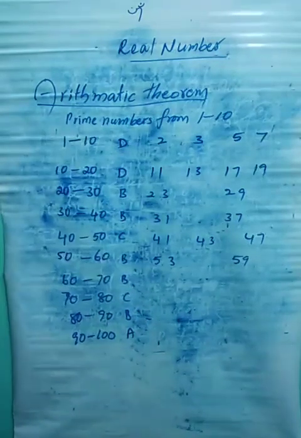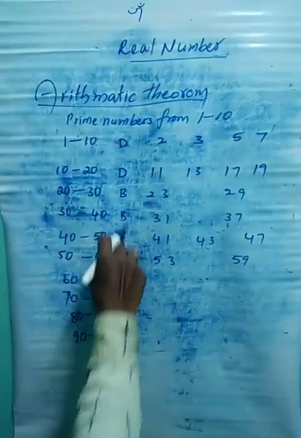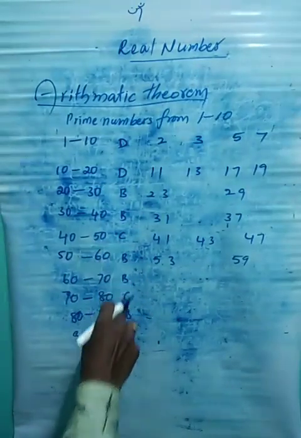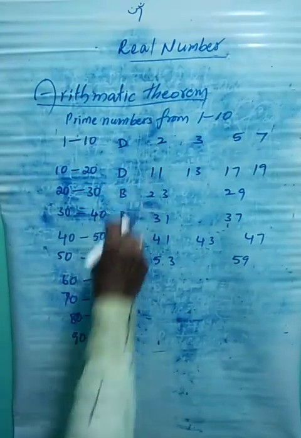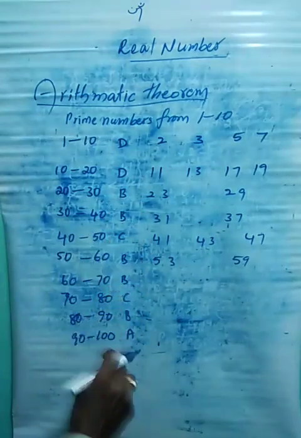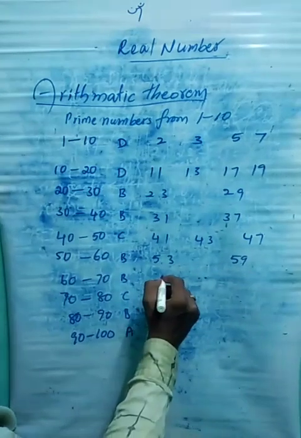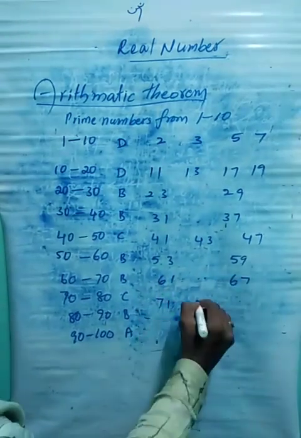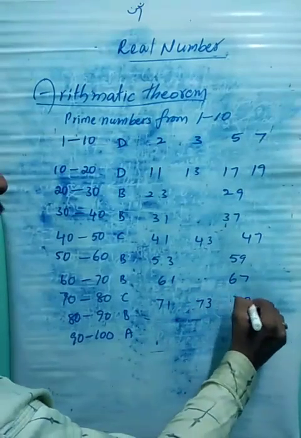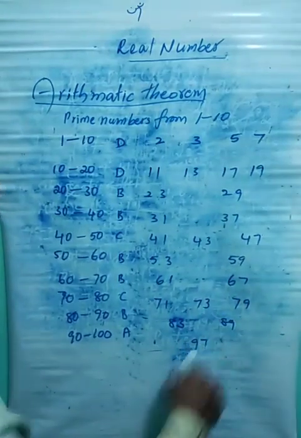Now English letter D is 4, and D is 4, and it is 2, 2, 3, 2, 2, 3, 2, 1. DD, BBC, BBC, BA. By using this code to find 53, 59. Now 61, 67, 71, 73, 79, 83, 89, finally 97.